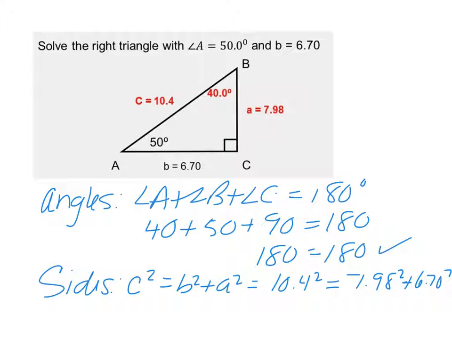So 10.4 squared is 108.16. 7.98 squared plus 6.70 squared gives us 108.57. Now, are these equal? They are approximately equal. They are off due to the rounding that we did. So now we can conclude that the right triangle has been solved.